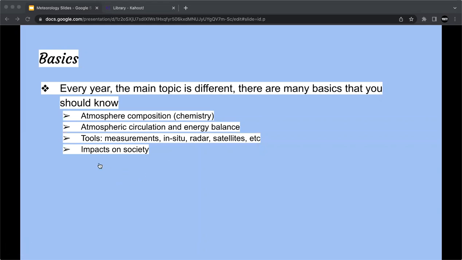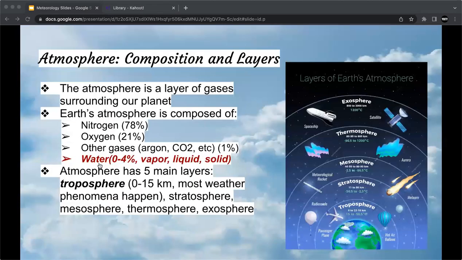So let's get started with some basics. Atmosphere, its composition, and its layers. Like I said before, the atmosphere is a layer of gases that surround our planet. There are many gases in Earth's atmosphere. Over here, you can see the composition. It's primarily nitrogen and oxygen, but there are other trace amounts of gases such as argon and carbon dioxide.